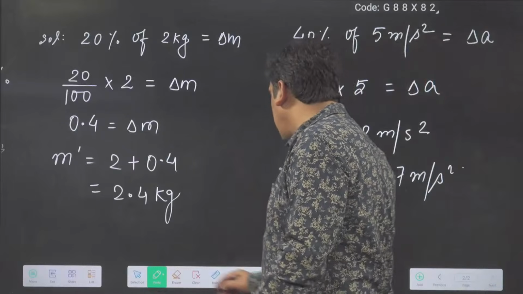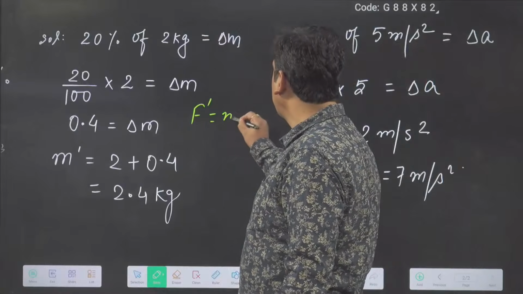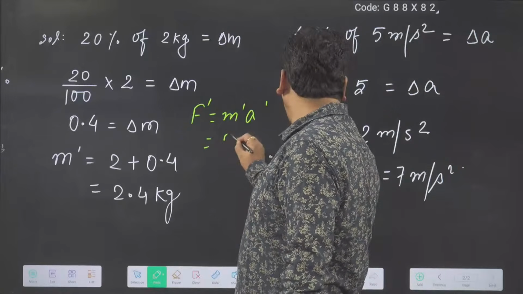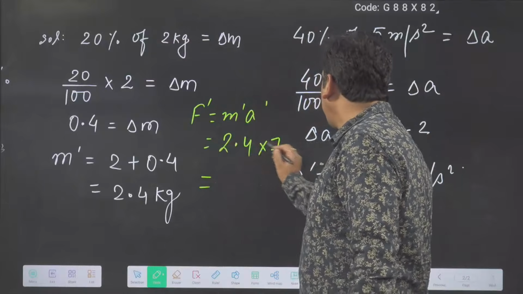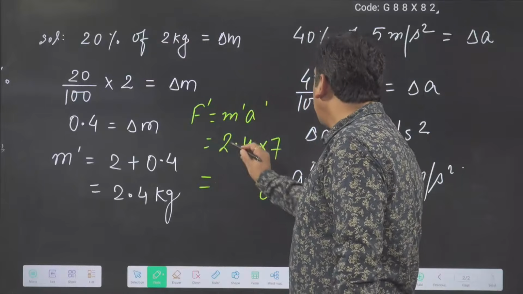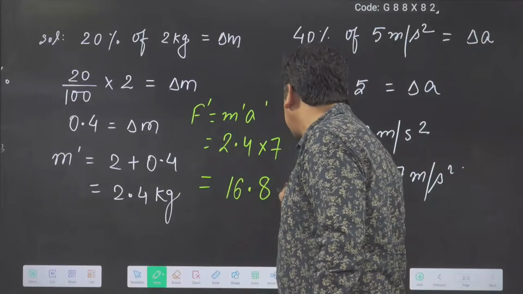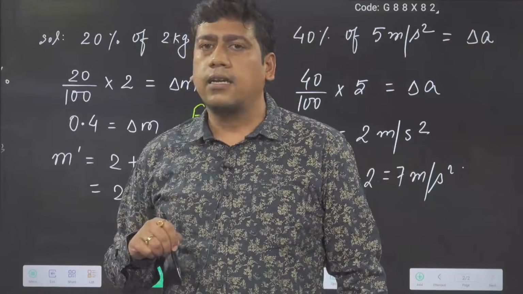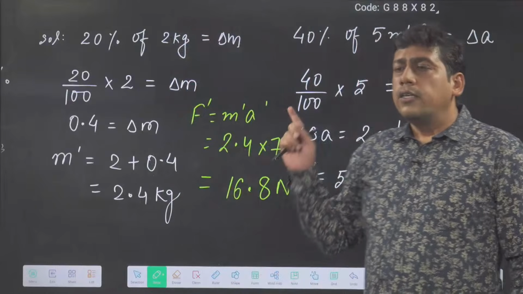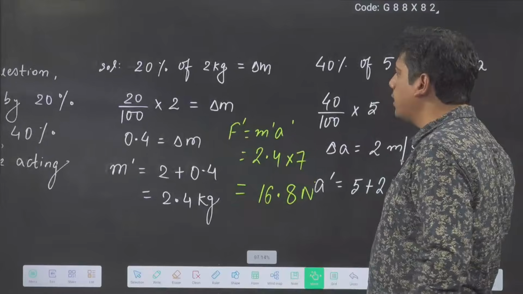So if I calculate the new force, it will be 2.4 into 7, which is 4 into 7, 28, 2 into 7, 14, and 2 extra. This is the correct answer. 16.8 is the correct answer. Are you getting my point? So the earlier question was easy.